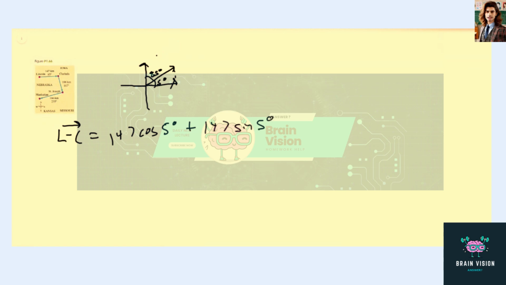So this is the i hat direction and the j hat direction, the unit vectors, which equals 146.6. Sorry, 146.4 i hat plus 12.8 j hat.